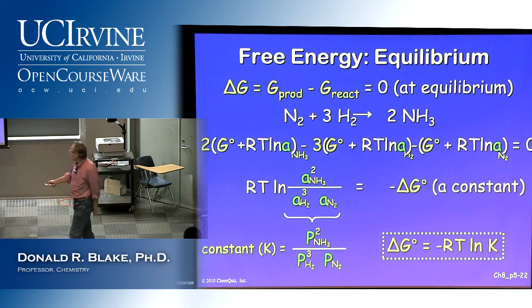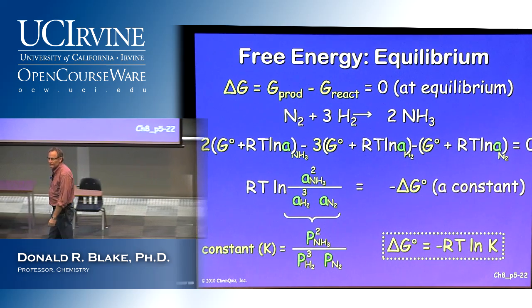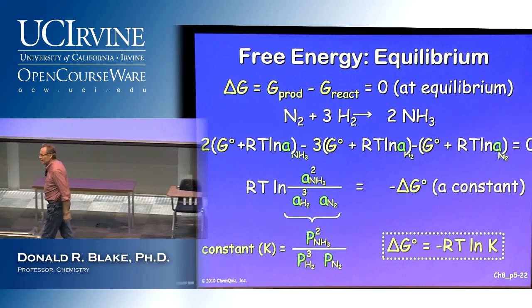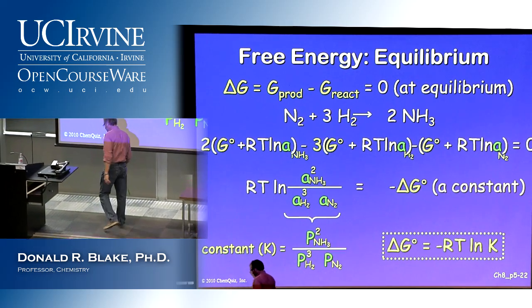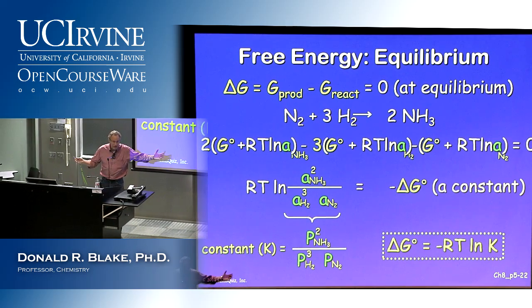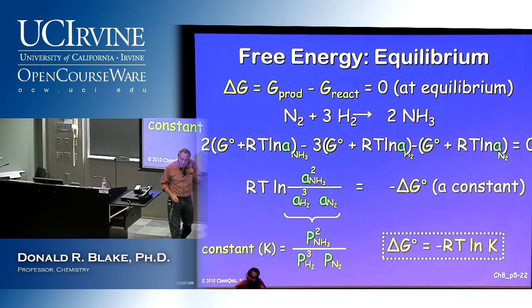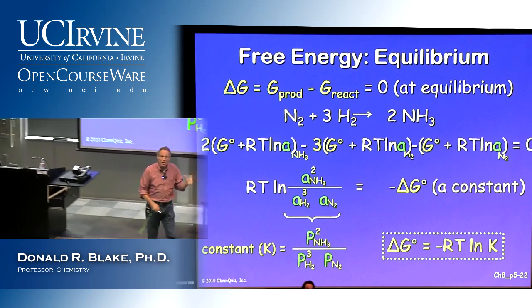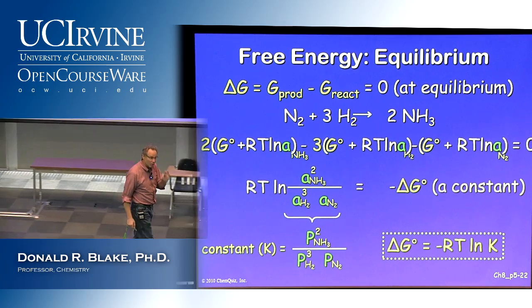What is delta G if K is 2 at room temperature, 298? What is delta G? First of all, you know it's going to be negative, right? You know because anything over 1 means that the log is a positive number. Anything less than 1, it's a negative number. And at 1, it's 0.